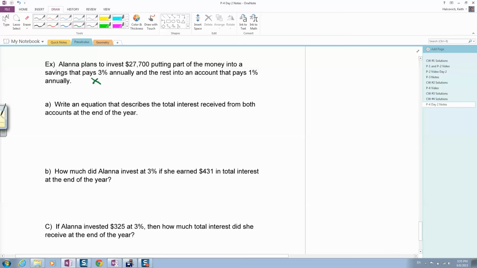So let x equal the dollar amount Alana invests at 3%, and y is equal to the total interest at the end of the year.